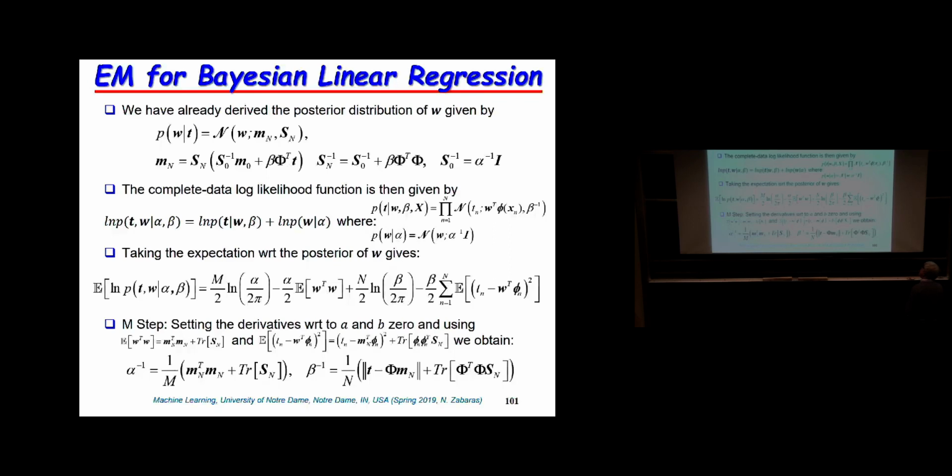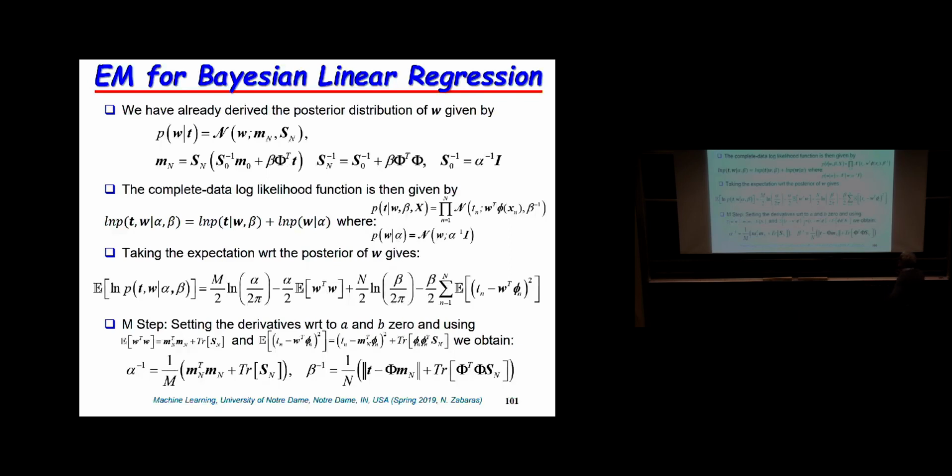Okay, so to do an EM algorithm, we need to compute the joint log likelihood, which is weird here, right? It's the joint likelihood of t and w. And can we do this? Of course, because the joint distribution is the likelihood of t if I knew w, which we know is a Gaussian.